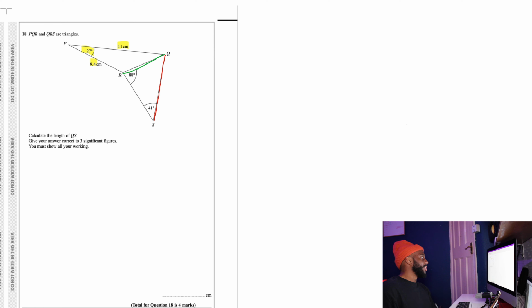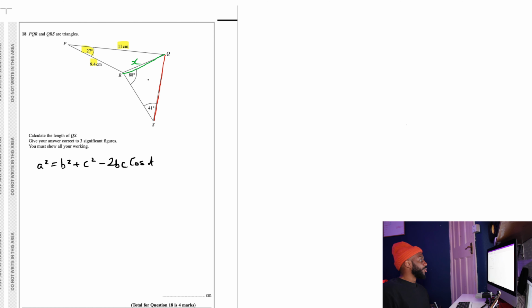So if we're trying to find the length of RQ, we're going to have to use the cosine rule. So if you remember, the cosine rule is a squared equals b squared plus c squared minus 2bc cos a. Then we're going to sub in the necessary values.